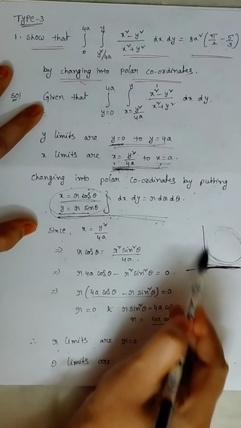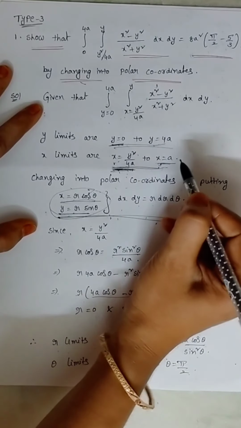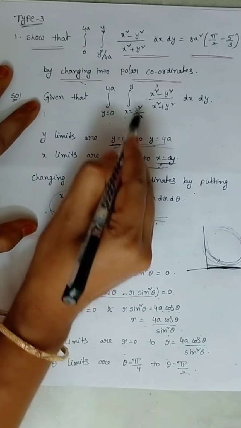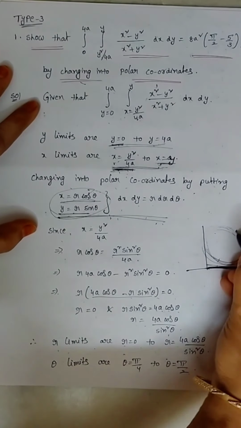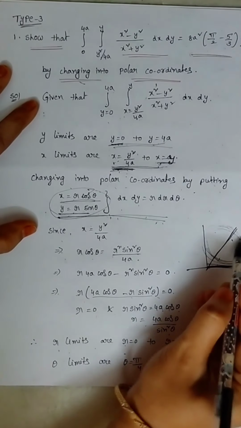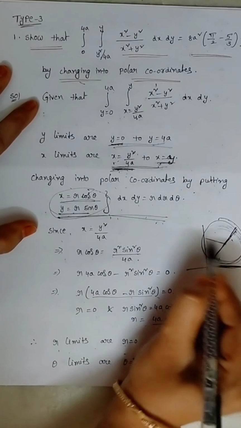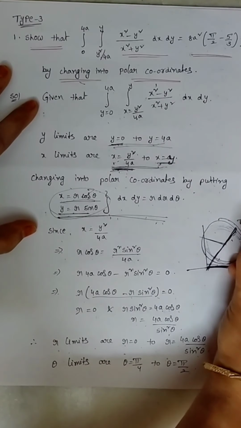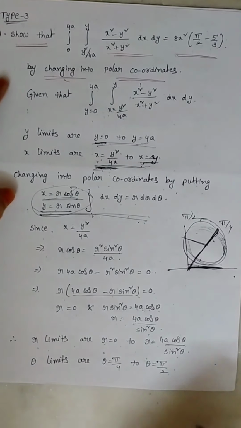Also given x equals y square by 4a to x equals y, and x equals y is a straight line. So in this positive quadrant, from x equals y to the remaining region, the angle is pi by 4 to pi by 2.